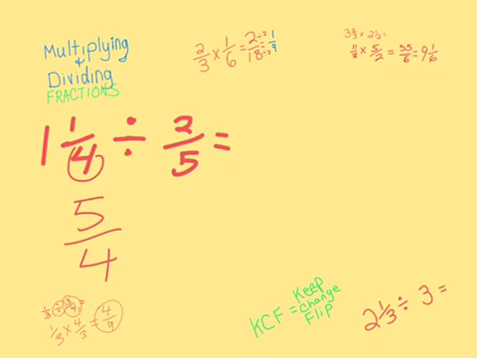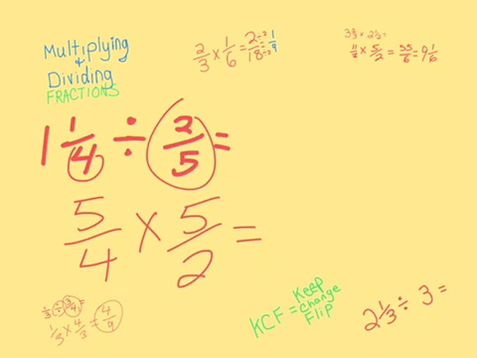5/4. So I'm going to do keep, change, flip. I change that to multiplication and flip my last fraction, so that would be 5 halves. Now I can solve. 5 times 5 is 25. 4 times 2 is 8.